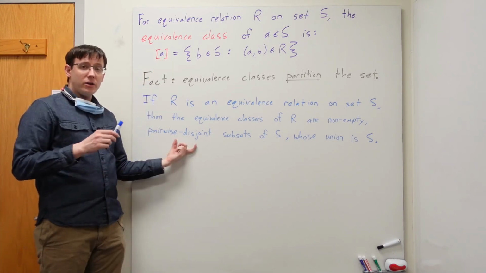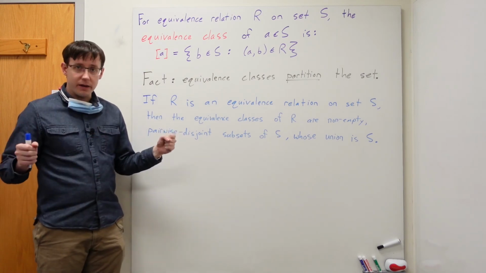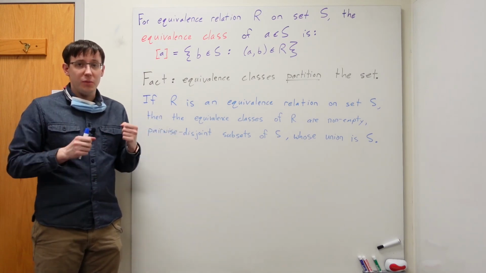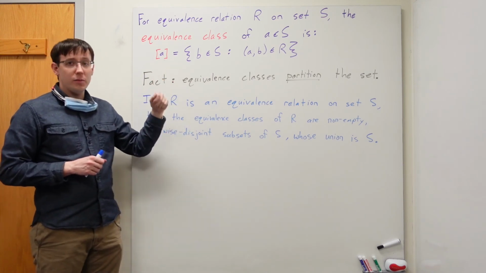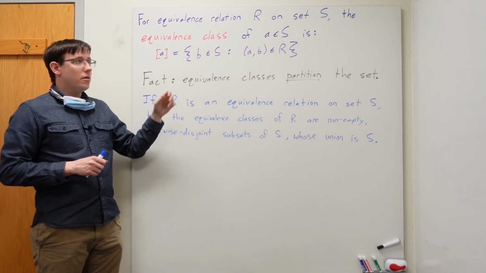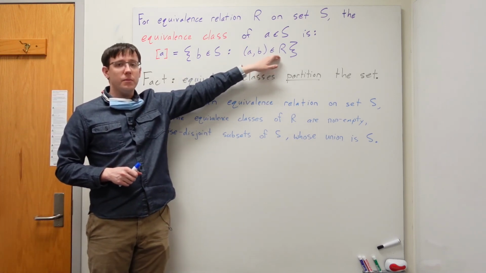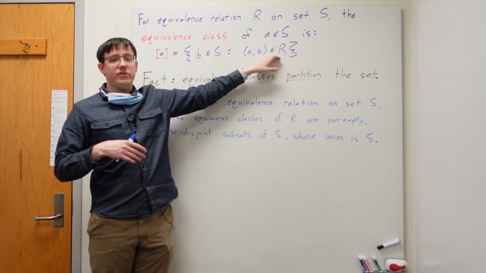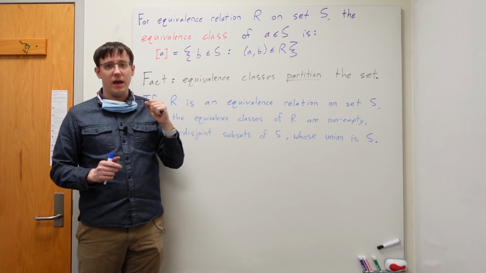And if we take any two equivalence classes, they are completely disjoint. That means they don't have any elements in common, because if they did have two elements in common, then those elements would be related under the equivalence relation, and all of the things in the second equivalence class should have been in the first equivalence class instead.